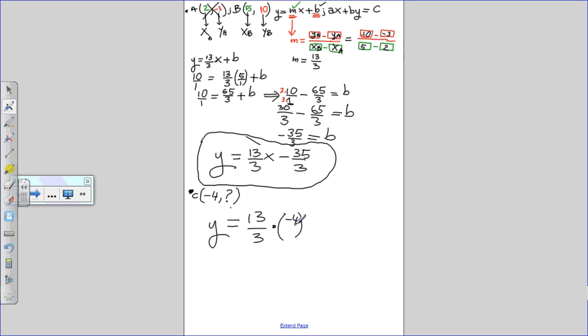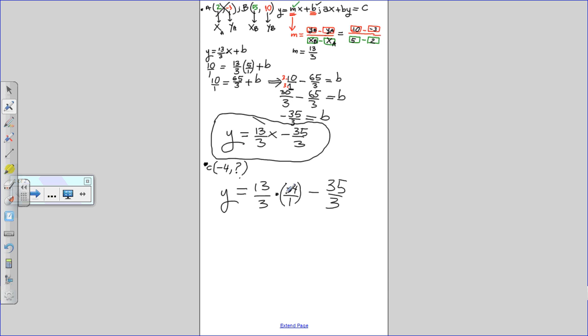So we have to figure out what y is for that point to belong to the line. So simple thing, if x equals negative 4, we just take the negative 4 and plug it here. We substitute the negative 4 instead of x and figure out what y must be for this point to satisfy the equation.